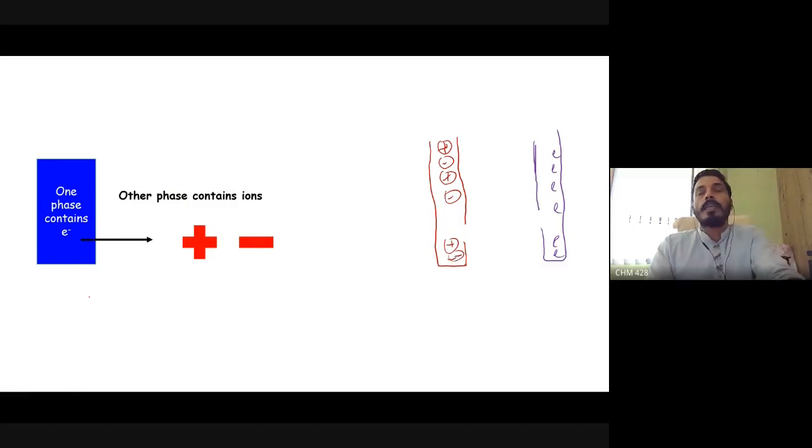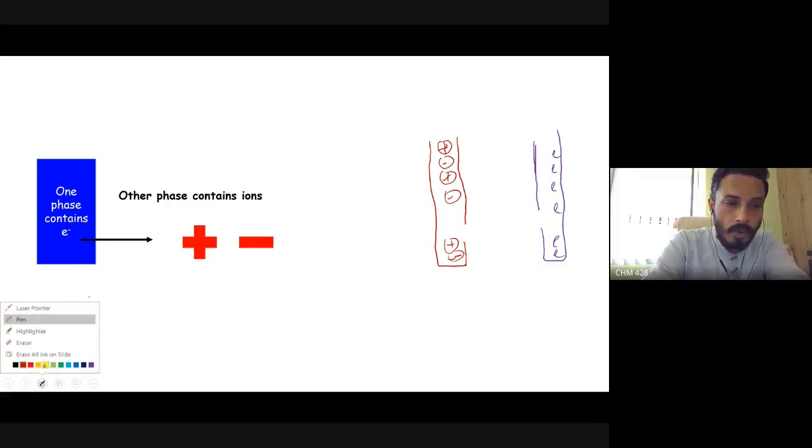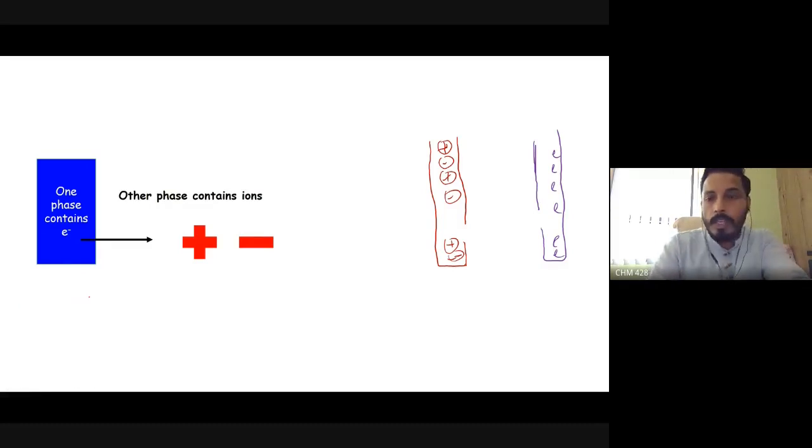So dipping the electrode into the solution means you are connecting the two by a pipe. There is a connection between the two, that's all. At the end of the day, you should have a point of contact between the metal electrode and the solution.